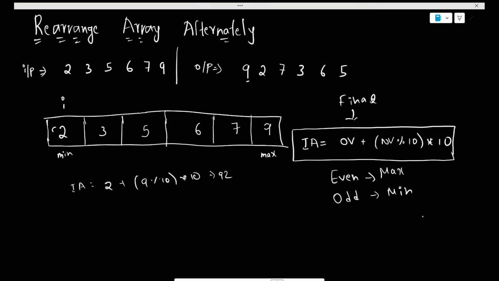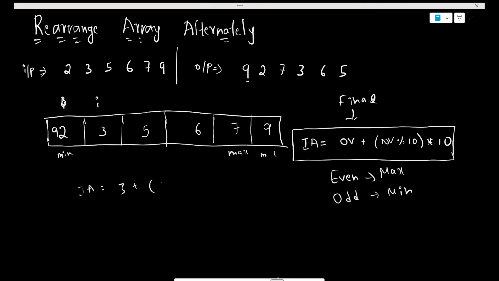So update I value. So I value comes here, max comes here, completed, and after that calculate the intermediate answer, that is 3 old value plus what's the new value that min is pointing to.